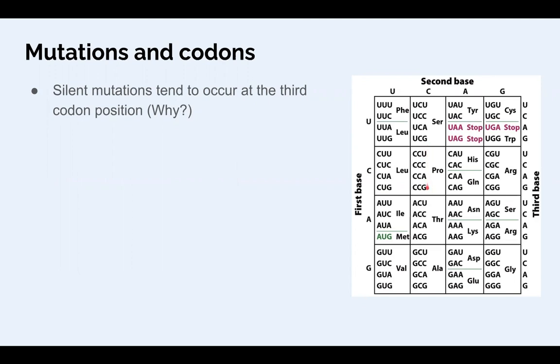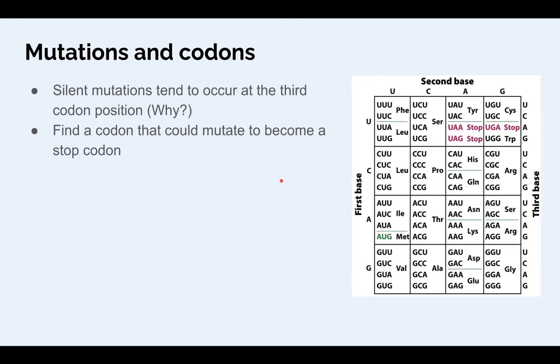Here are 4 codons for proline, 4 for serine. So about half of these blocks, if you change the third position, would have no effect whatsoever. That's owing a little bit to that wobble pairing that we talked about in translation, and also the fact that we've got these blocks of codons encoding the same amino acid.